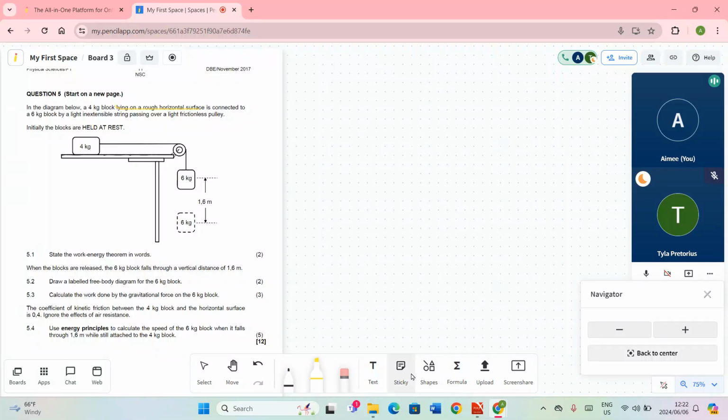So question 1 says, state the work energy theorem in words.